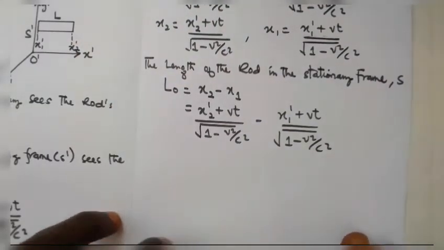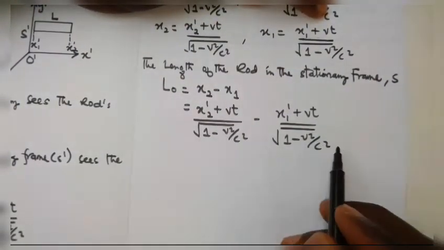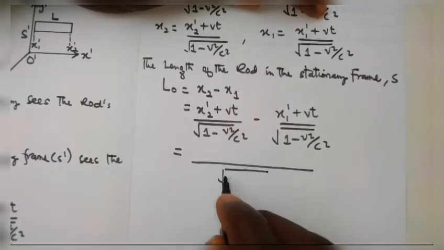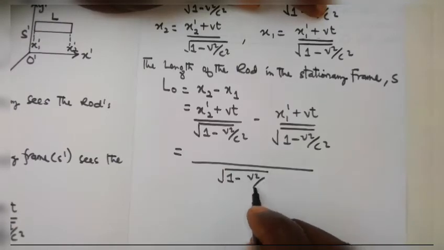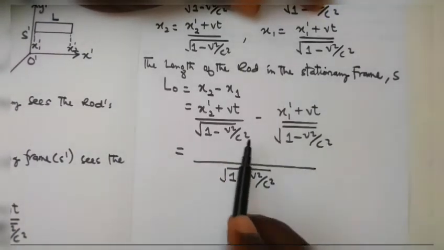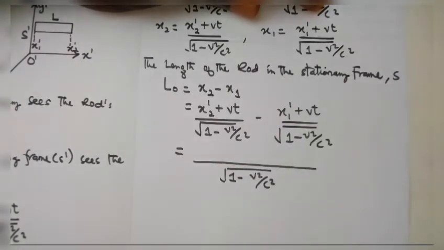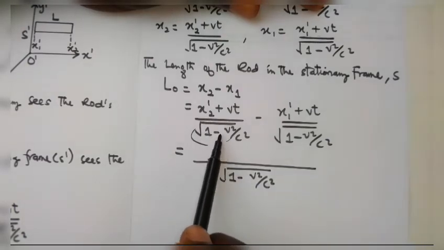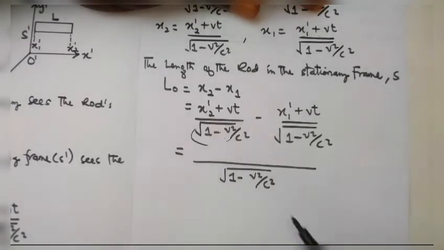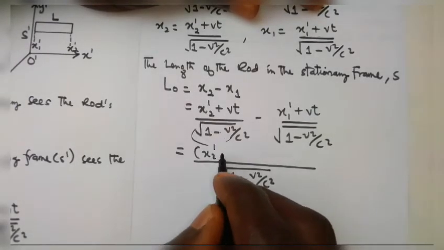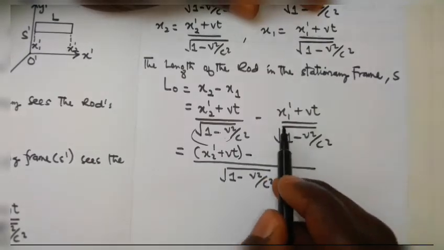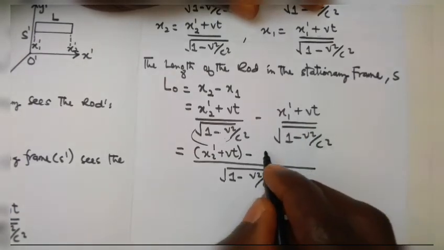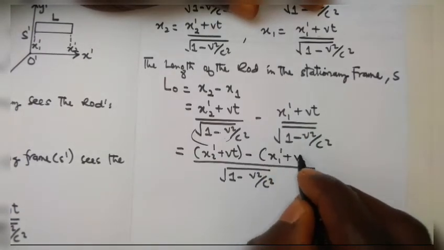In this place now, the next thing we're to do is to get the LCM of these two denominators which we see here. The denominators are the same, so they have the same LCM. So I just pick one of them and it becomes the LCM for these two fractions here. So if I say this, 1 multiplied by this will be x2 prime plus vt, minus this, 1 multiplied by this numerator here, x1 prime plus vt.